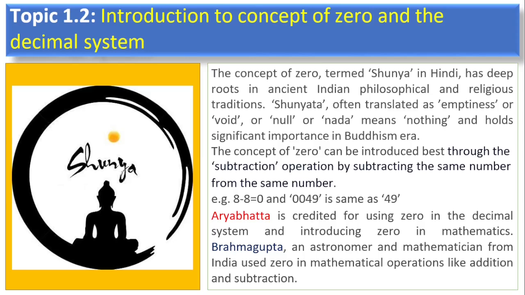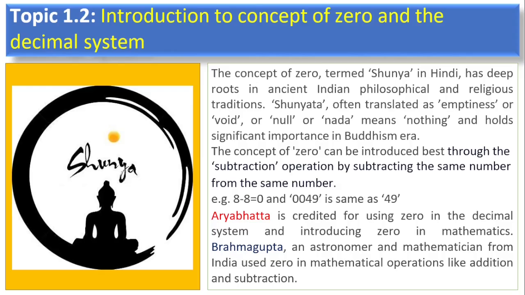One advantage that we have is that we do not need more than 10 symbols to write numbers. And secondly, this decimal system has a very peculiar property that every place has a value. That means the first place, the rightmost place, is called units place.